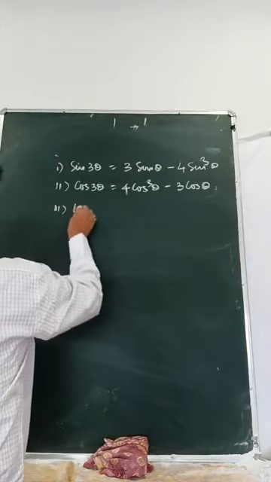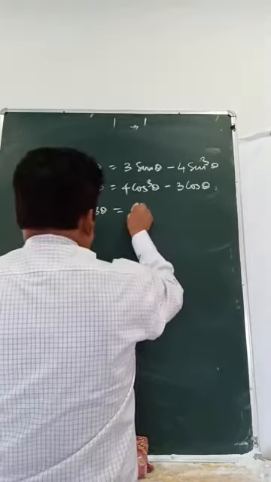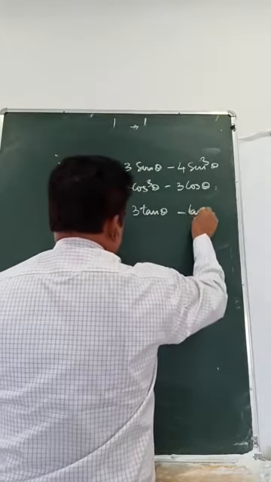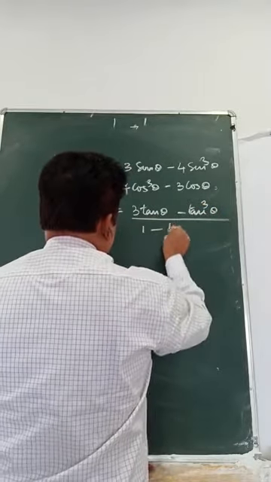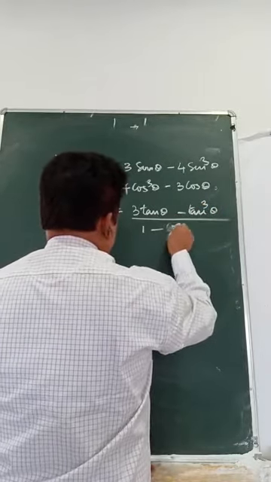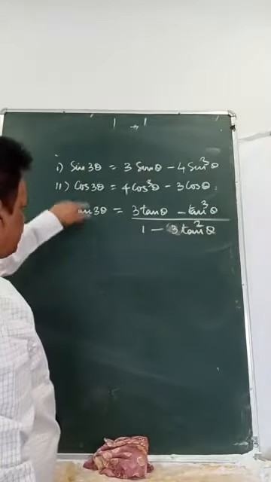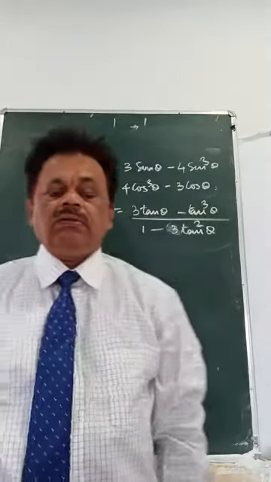Similarly, tan 3 theta is 3 tan theta minus tan cube theta, divided by 1 minus 3 tan square theta. Okay, these are the 3 theta forms. These are some important formulas which you have to remember.